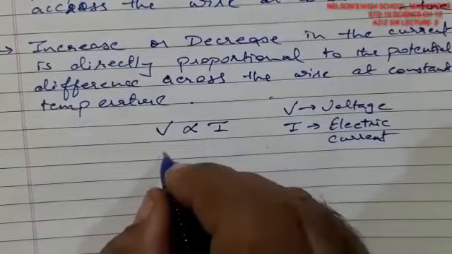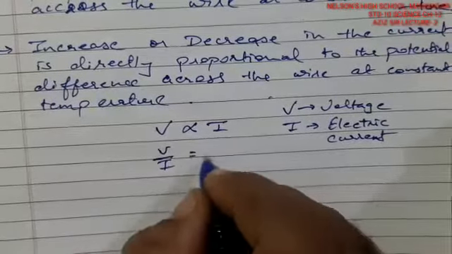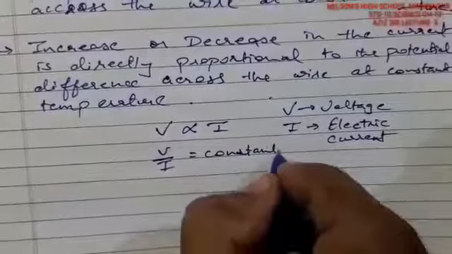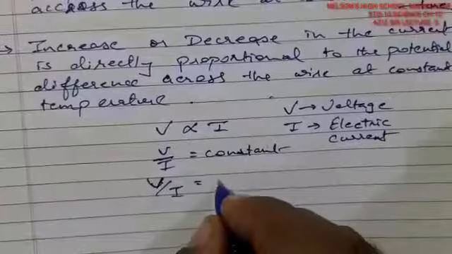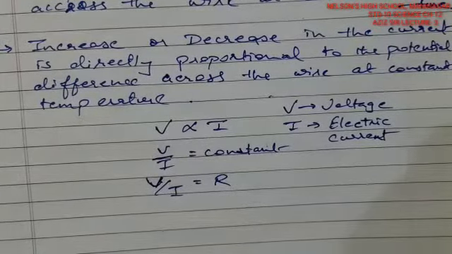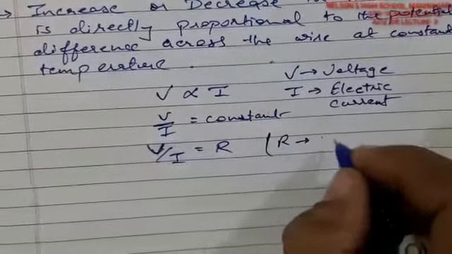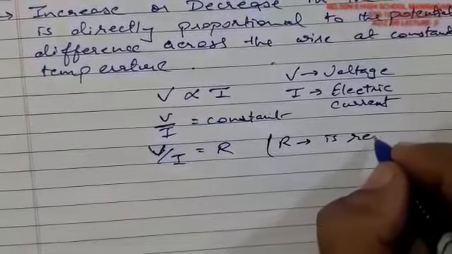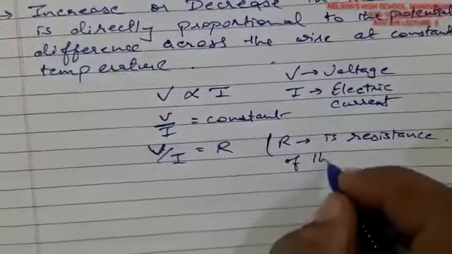So we can say that V upon I equals a constant, and V by I, which is constant, equals nothing but R, where R is called the resistance of the metallic wire. Right, to resist, R is called the resistance of the metallic wire.